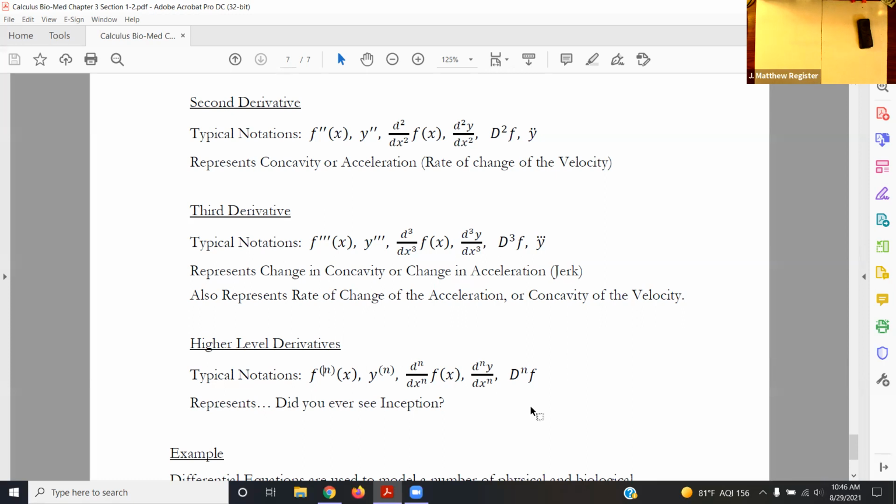Once you get past the second derivative, the value in understanding them starts to become little, because then we're just talking about how the rate of change of the force is looking. And forces do change with respect to time and with respect to space, but usually you're not going to be dealing with the same variables.